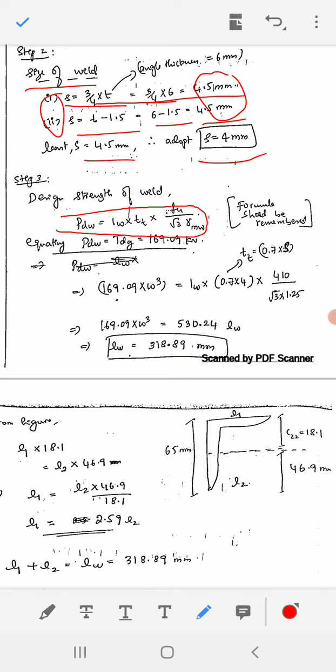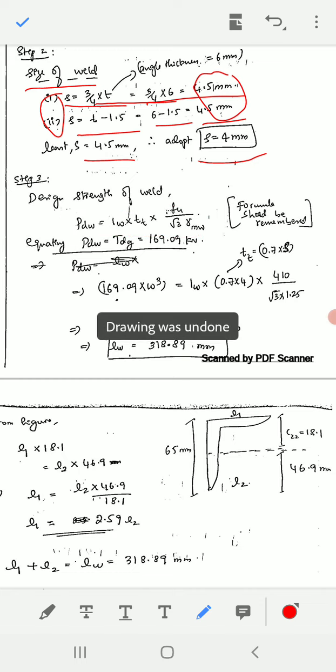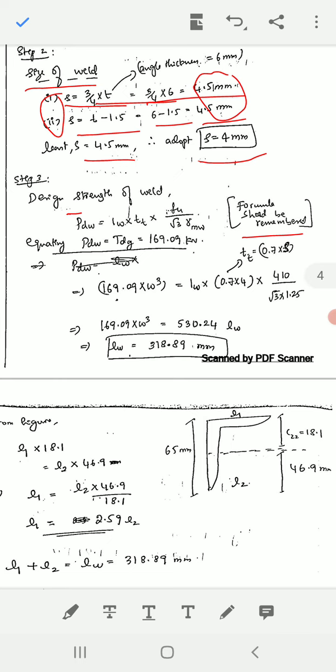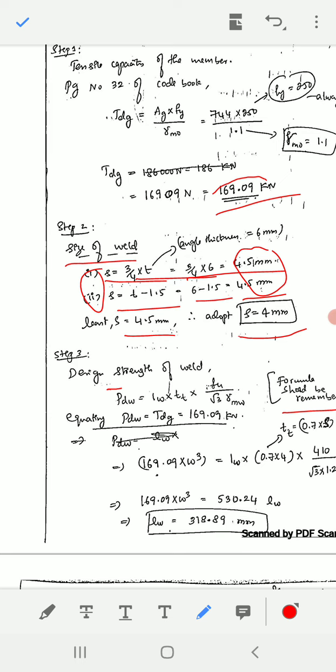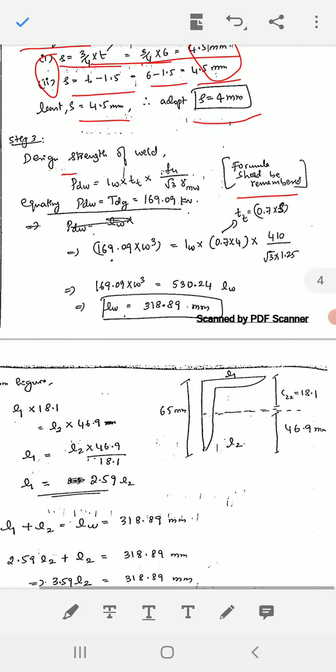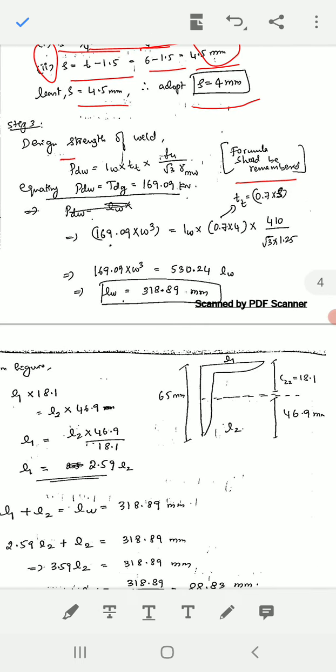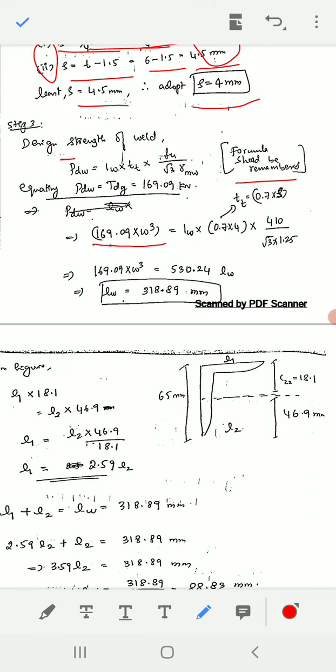Pdw is whatever Tdg answer you just got in the first step, 169.97. That value has to be equated with Pdw, that is 169.97 kilonewton.